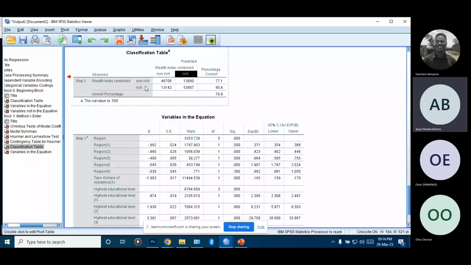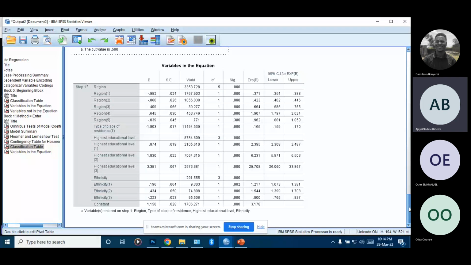The overall correct percentage is 78.8%, and it is not bad, since this is not medical data. When it's medical data, we expect a very, very good level of prediction before we can say the model is good.